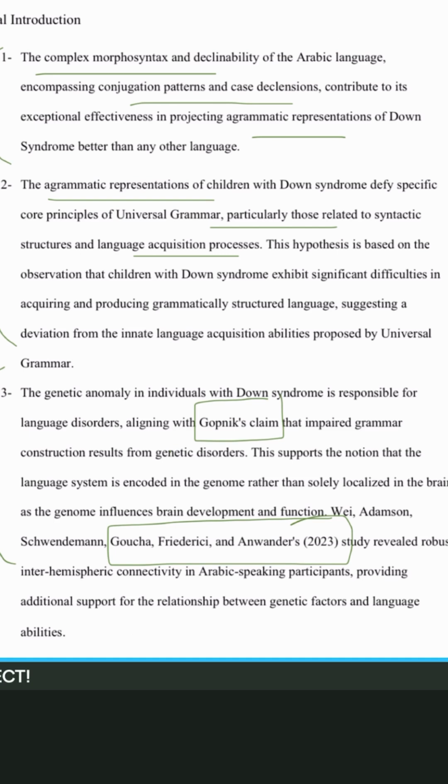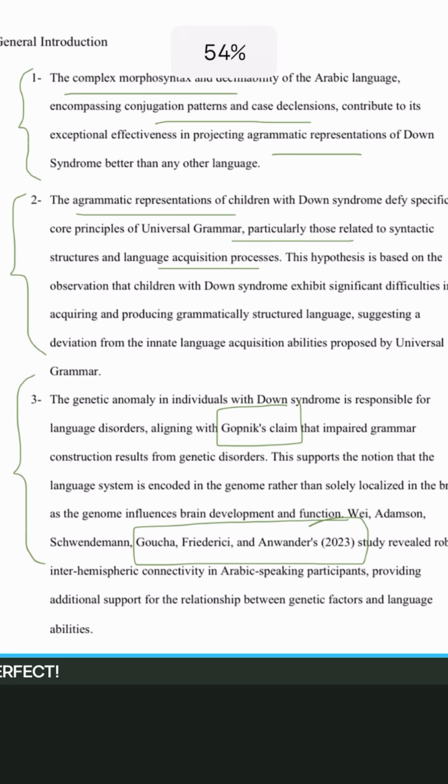Again here, by mentioning the recent study, this adds an element of contemporary relevance to the hypothesis. And so here we are doing what? By aligning the hypothesis with the latest research, we are showing that the topic is actively being investigated. This is so important, and that the hypothesis is timely and built on cutting-edge findings. Okay?